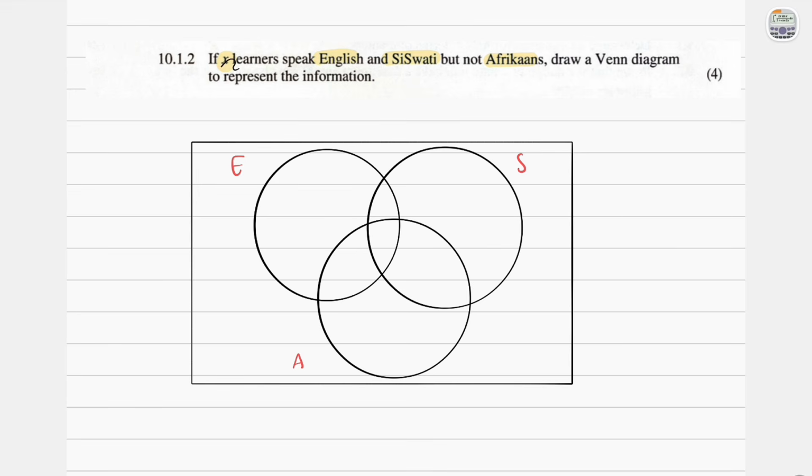They say these learners speak English and Siswati, but not Afrikaans. So we're looking for the intersection of English and Siswati. If we did that, it would be here, right? But then they say not Afrikaans, so you're going to have to exclude anything including Afrikaans. And then there we go, that's where it is. So we're going to put x down here.